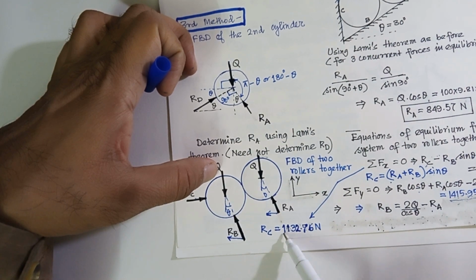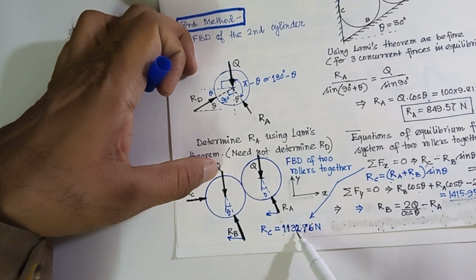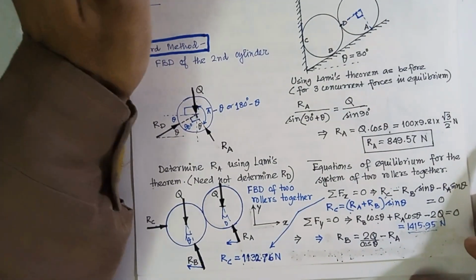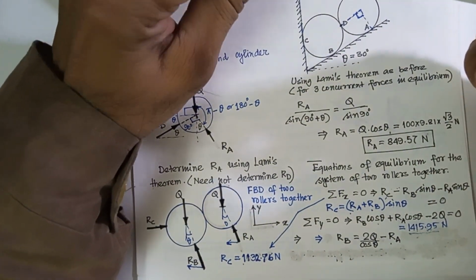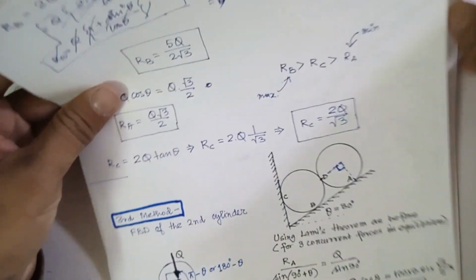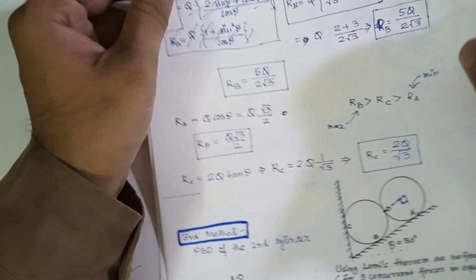And RB is equal to 1415.95 and RC is equal to 1132.76 newtons. So these are the three methods that I have discussed. One is the first one, what I have done. First one we have considered.